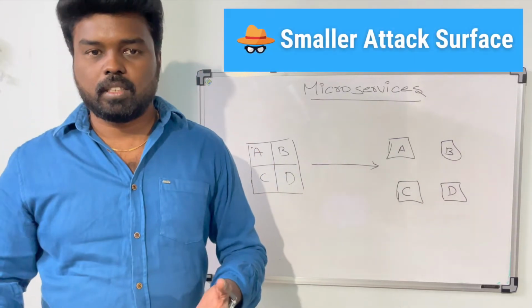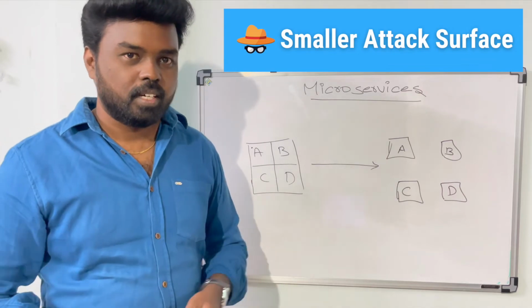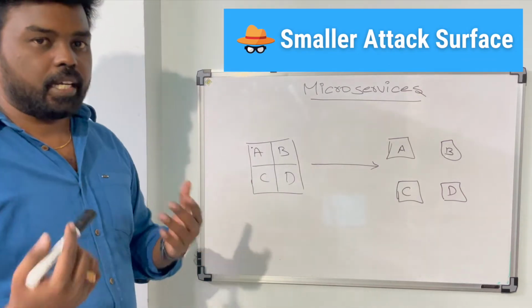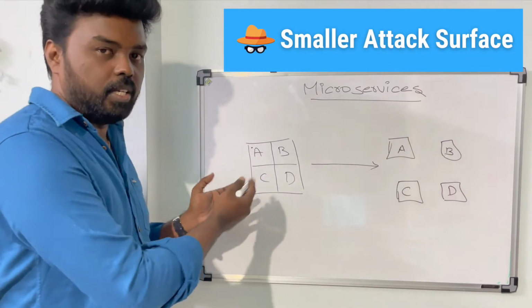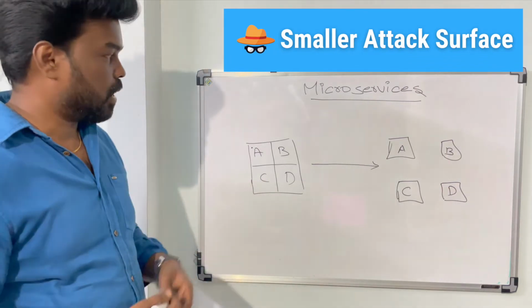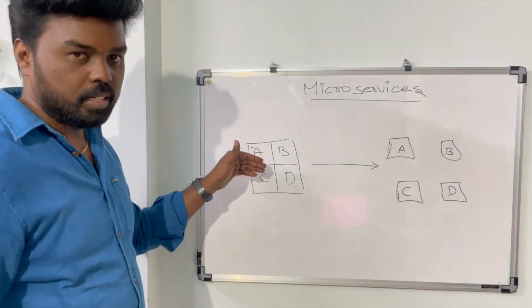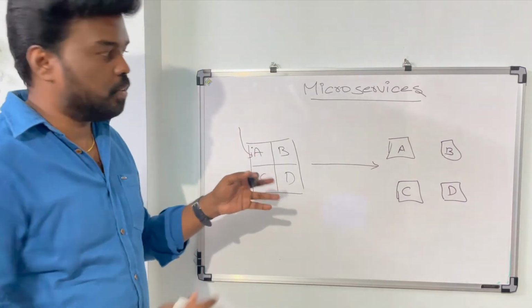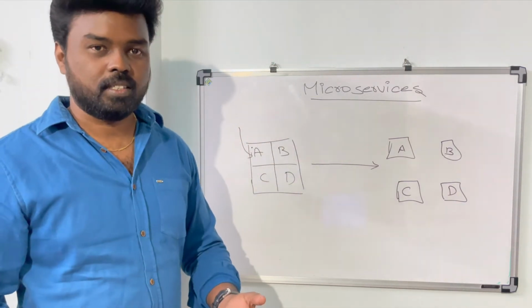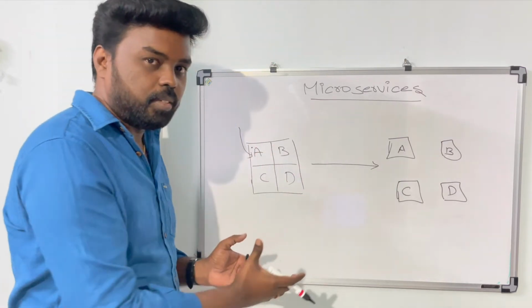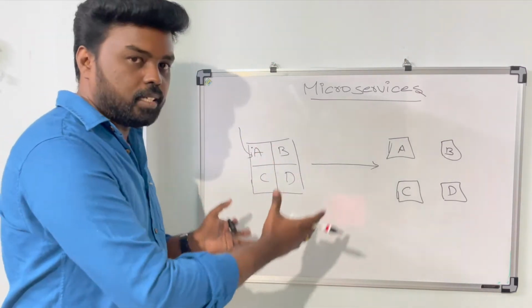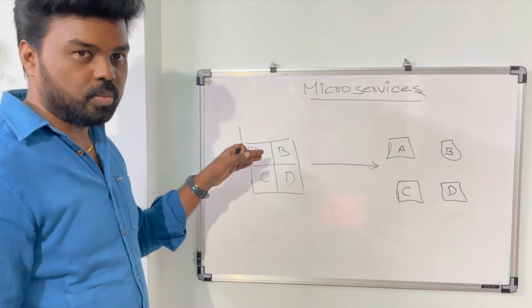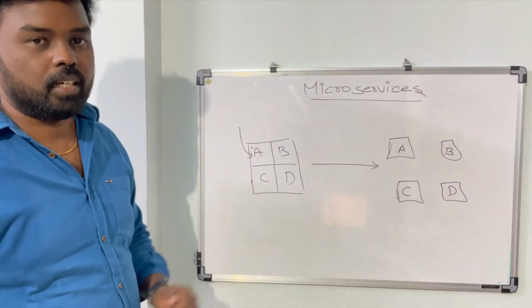Another advantage is a smaller attack surface. For example, if an attacker gains access to one module in your monolithic application, say module A, your entire application would be compromised, because the modules and the data are all interconnected. Once they gain access to one module, they gain access to the entire application.